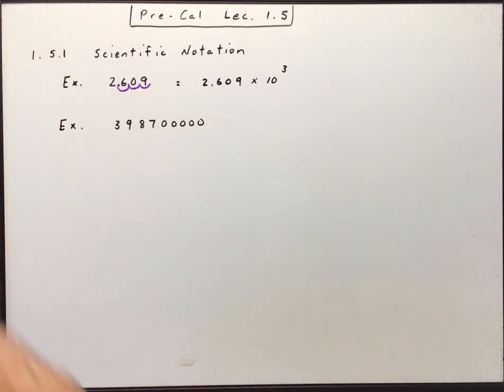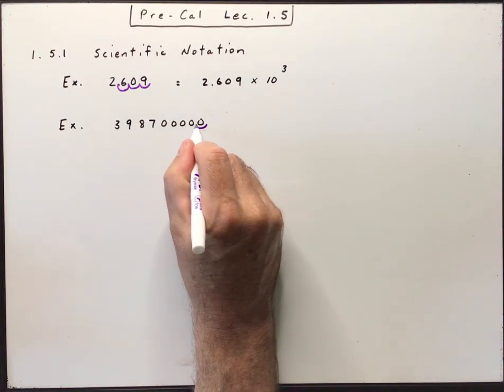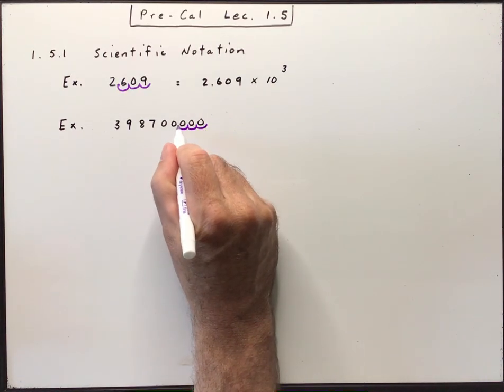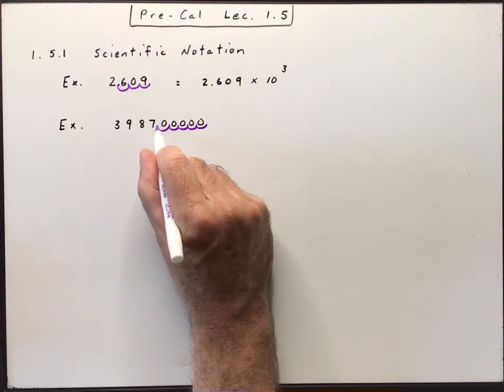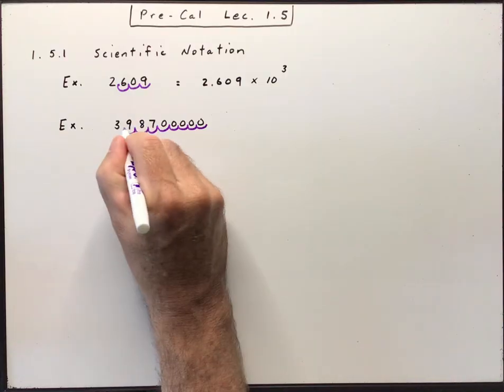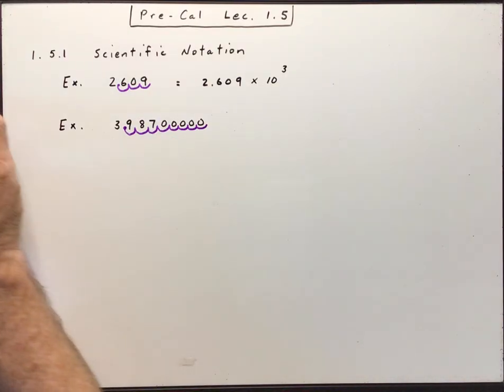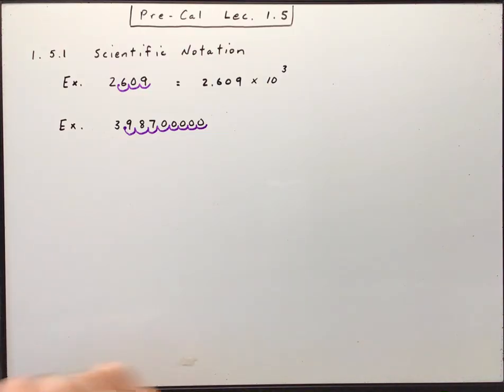It's a number bigger than 1. We'll deal with the number smaller than 1 in a little bit. We'll start at the far right and go 1, 2, 3, 4, 5, 6, 7, and then 8. We move the decimal place 8 spots. We stop between the first two numbers, the 3 and the 9.